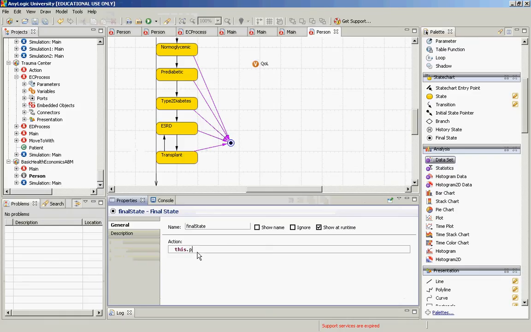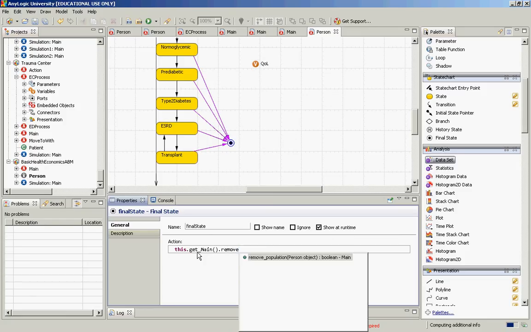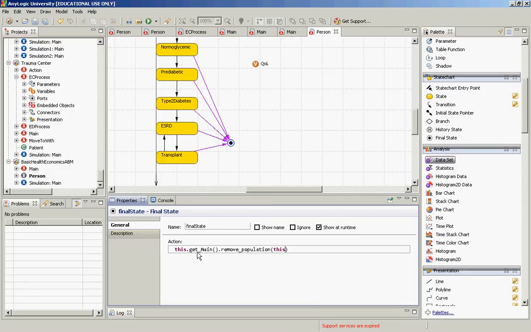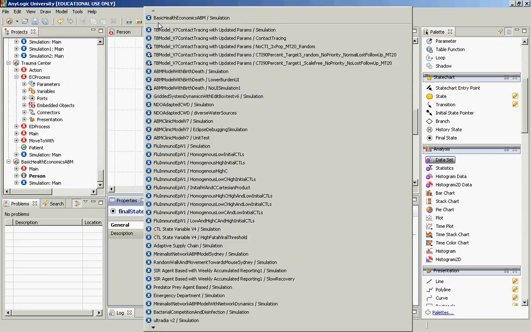But in a violation of abstraction, we need to call up to get main and get population and ask it to remove_population, remove me from the population. Okay. So if someone dies, they're removed from the population.